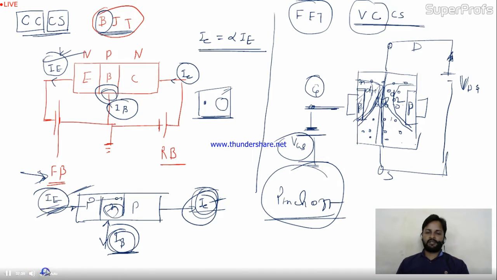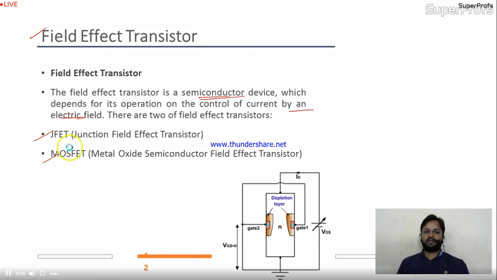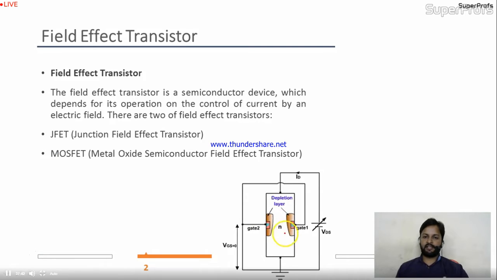Let me come to the points I have written over here now. So FET, see this figure is given over here. This is N and this is P type gate. See this layer is given. This is N type, this is the channel. This is the P type gate, and FET has three terminals.